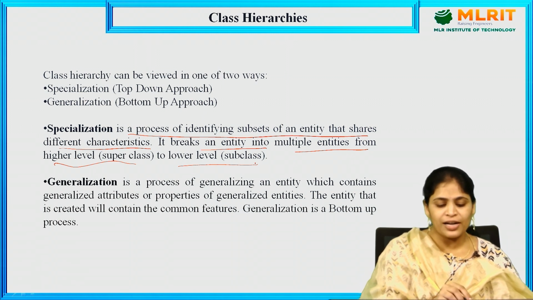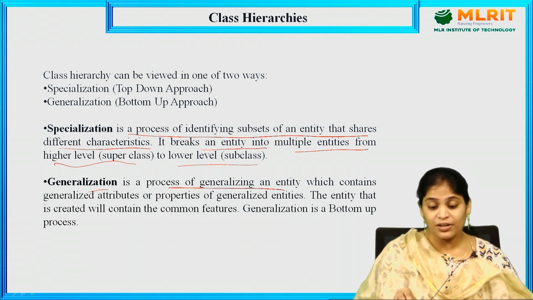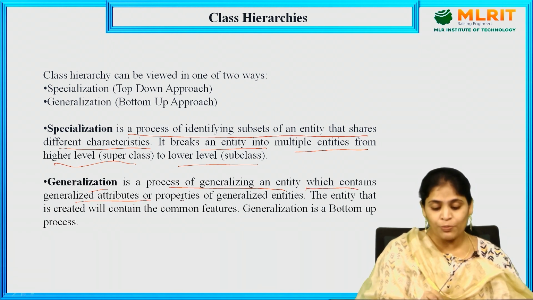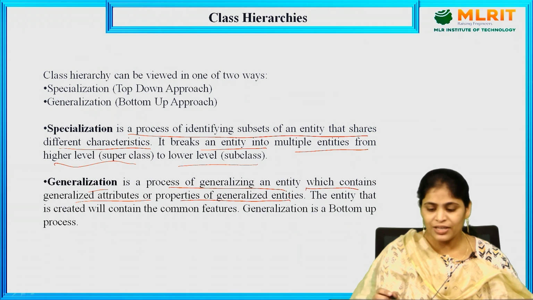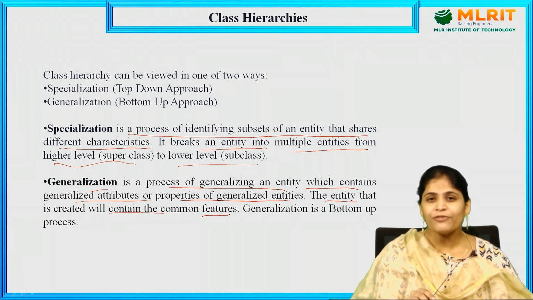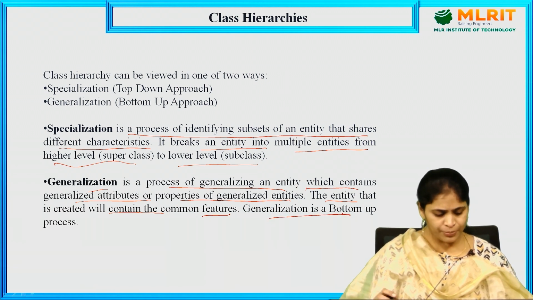What is generalization? It is a process of generalizing an entity which contains generalized attributes or properties of generalized entities. The entity that is created will contain the common features. So, what are those? Generalization is nothing but a bottom-up process.